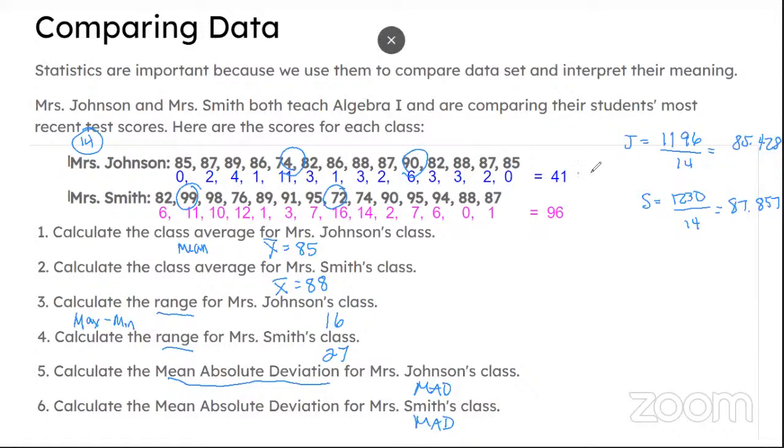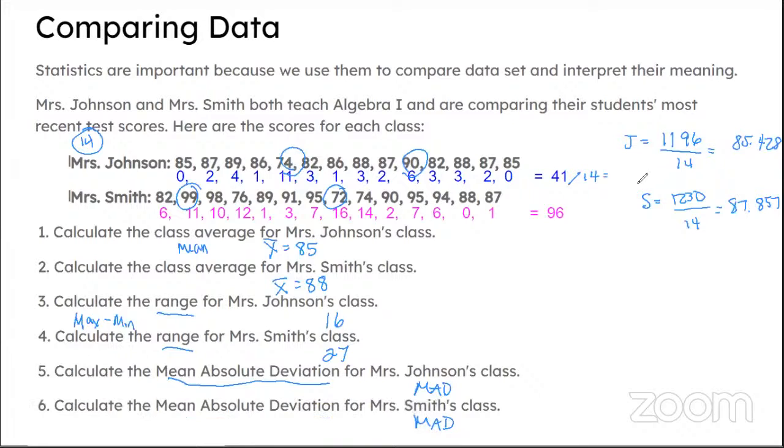So 41 divided by 14 is going to be 2.928, and then 96 divided by 14 is going to be 6.857. So the mean absolute deviation is, let's round to one decimal place, so 2.9, we rounded to the tenths, and in this one, 6.9.